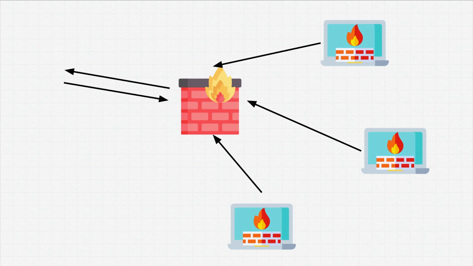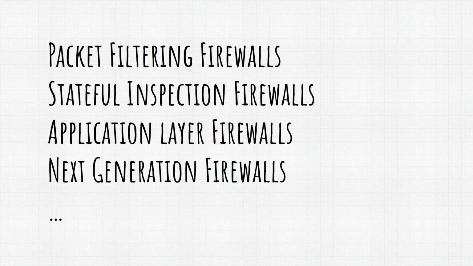Now when it comes to firewalls, we can also do a little bit deeper division of different types of firewalls. Here are some of the most common ones. We have packet filtering firewalls, which, as the name says, are used to filter different packets by certain rules that are set.